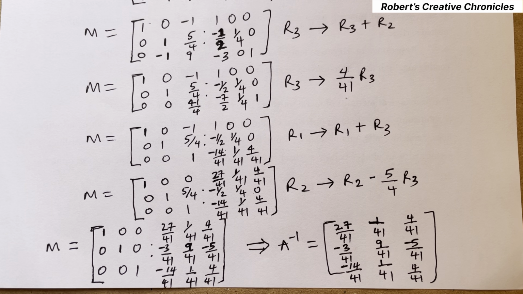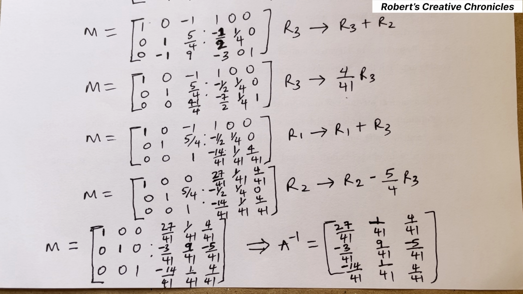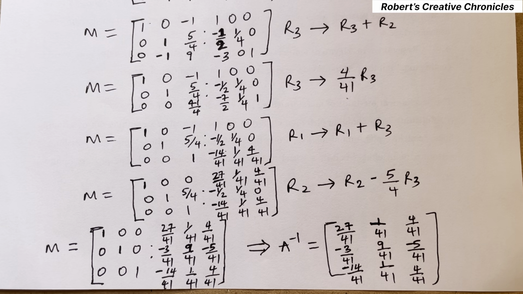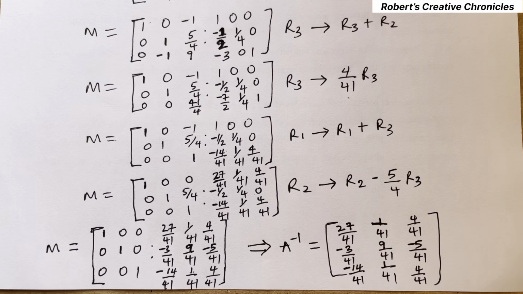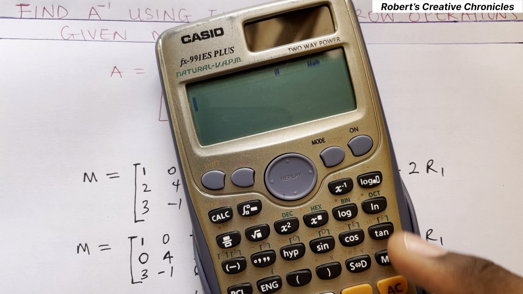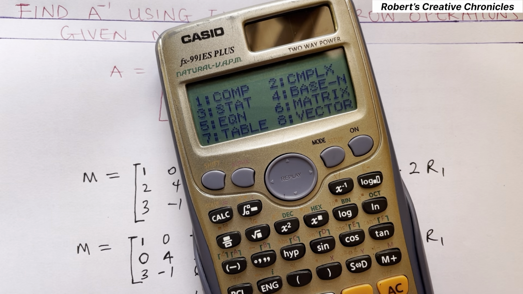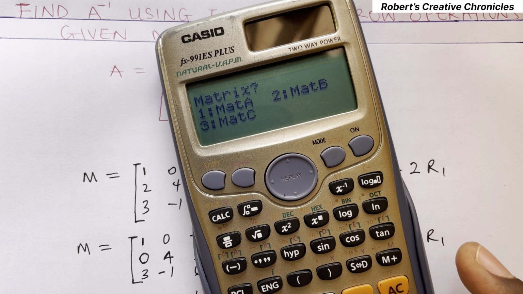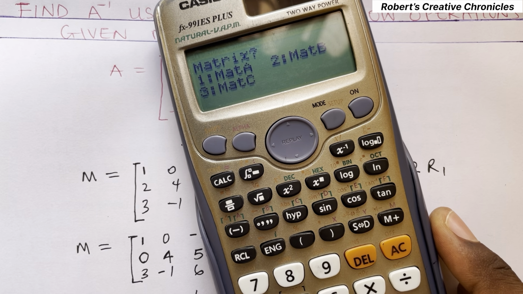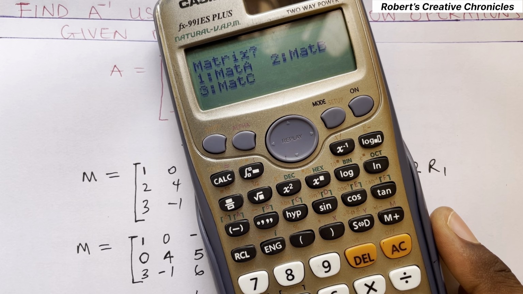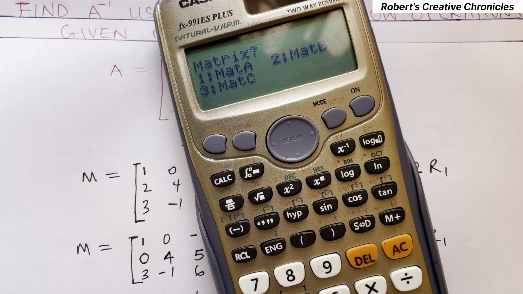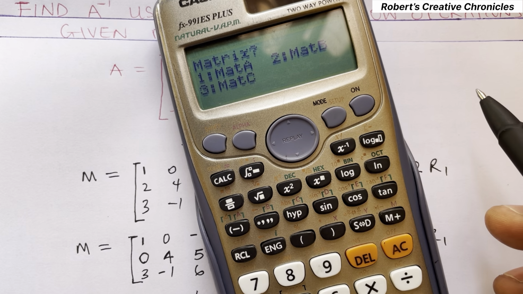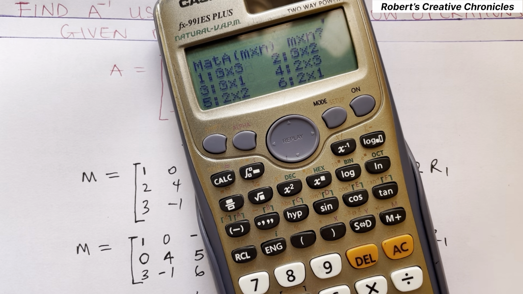So this is how you perform elementary row operations to find the inverse of a matrix. And you can cross-check it using your calculator. So you just put your calculator on matrix mode, that's 6. Then you select any of these matrices, any one. Let me go for 1.